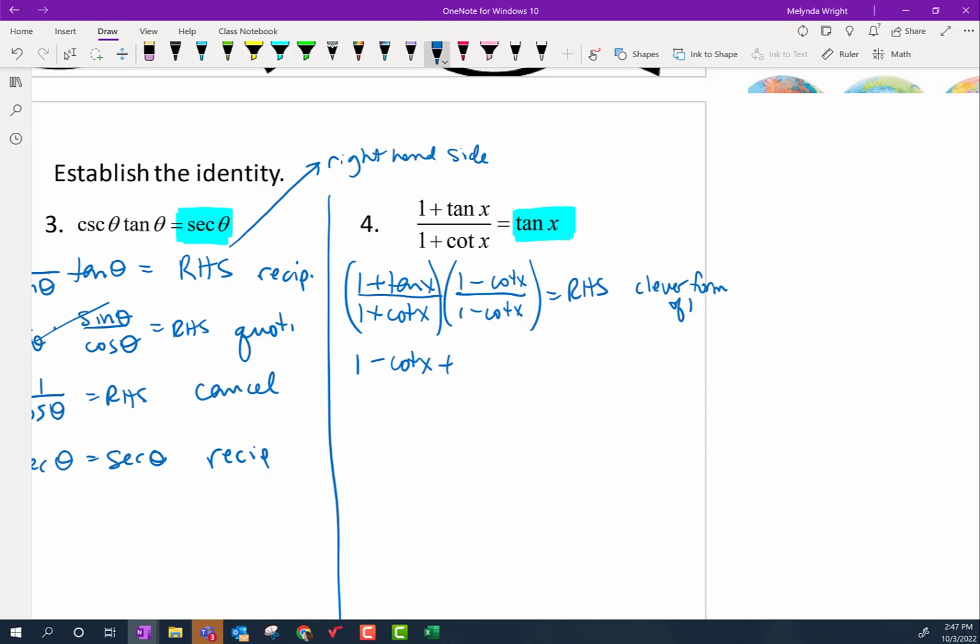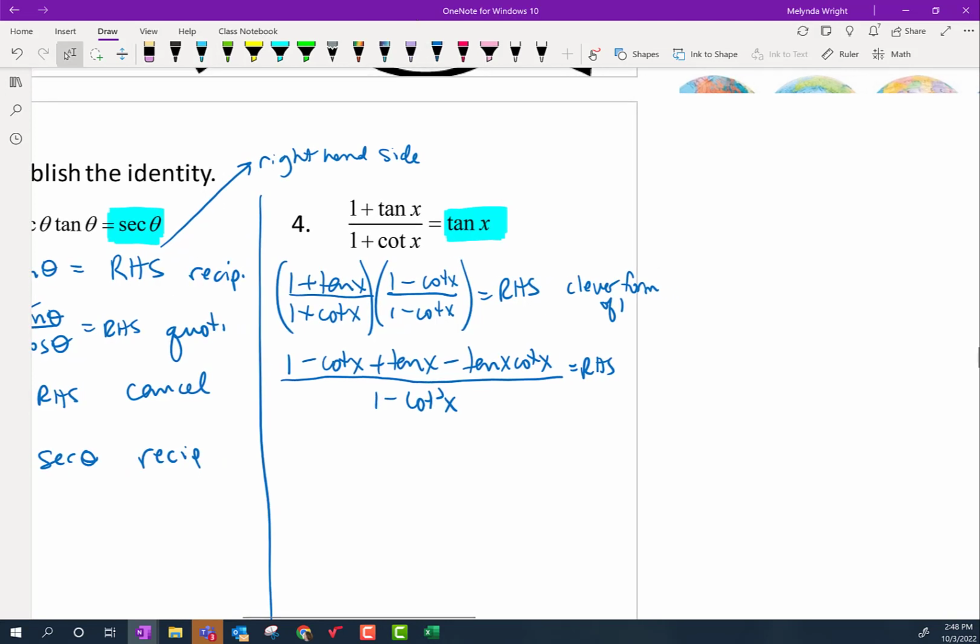Tangent times 1 is tangent. And then minus tangent cotangent. That's in my numerator, equals right-hand side. My denominator, they're conjugates of each other, so it's going to just turn out to be 1 minus cotangent squared. And the reason is multiply.